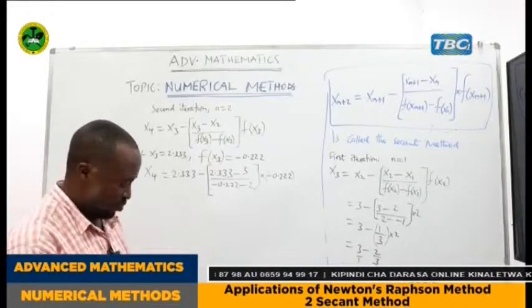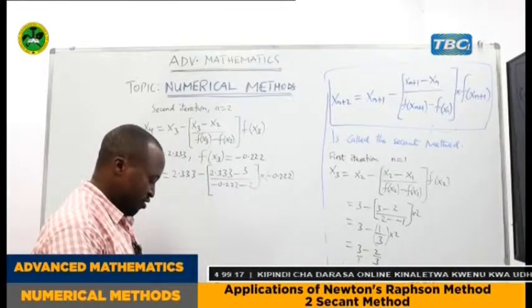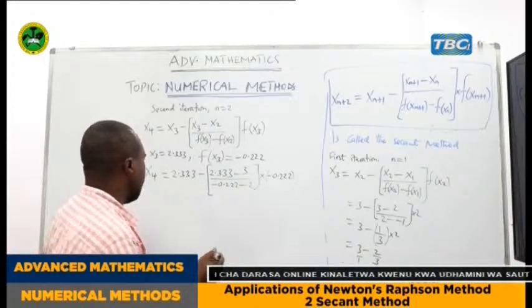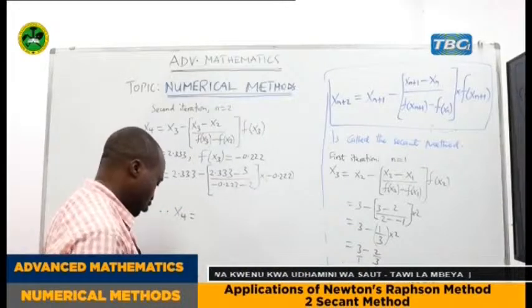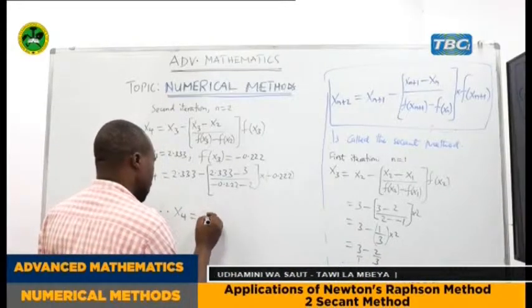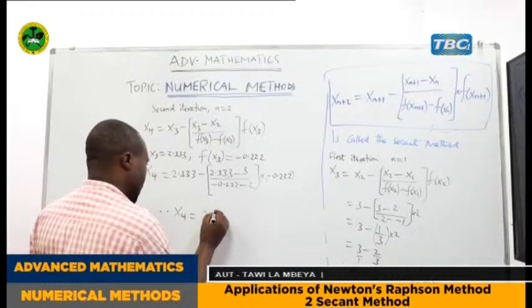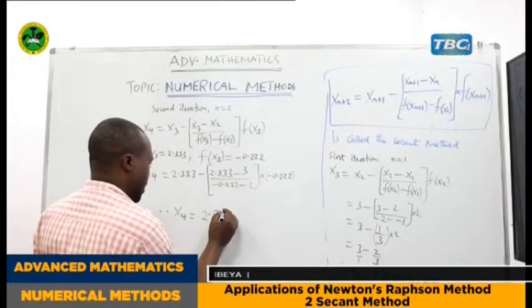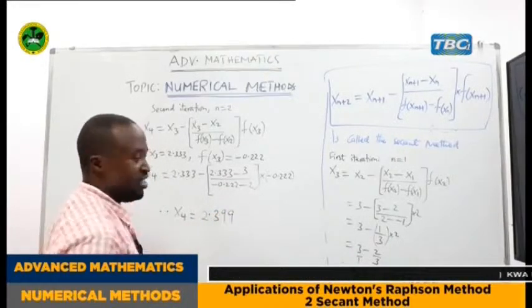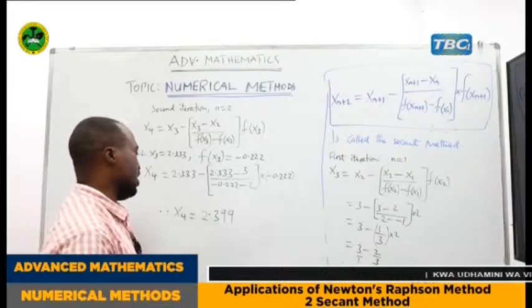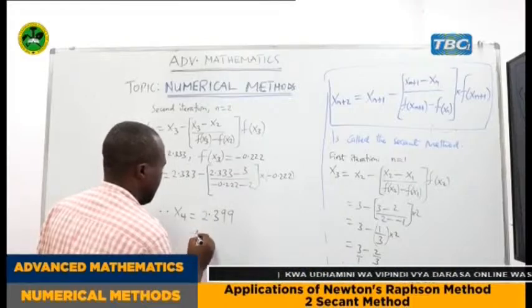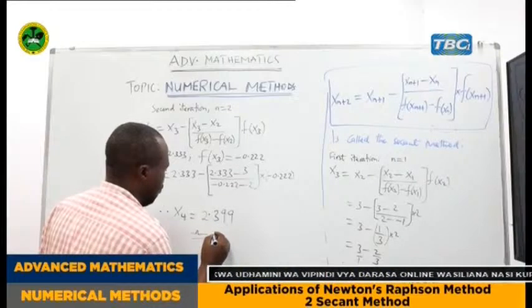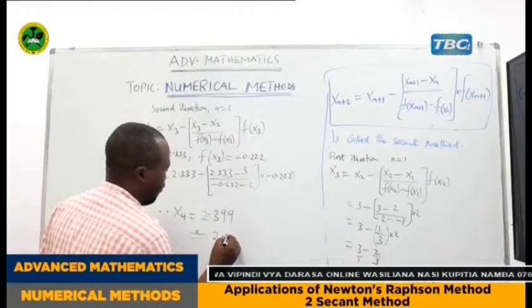So here we are going to have the following answer. x4 is equal to 2.399, but you can make an approximation. So this one is approximated as 2.4.